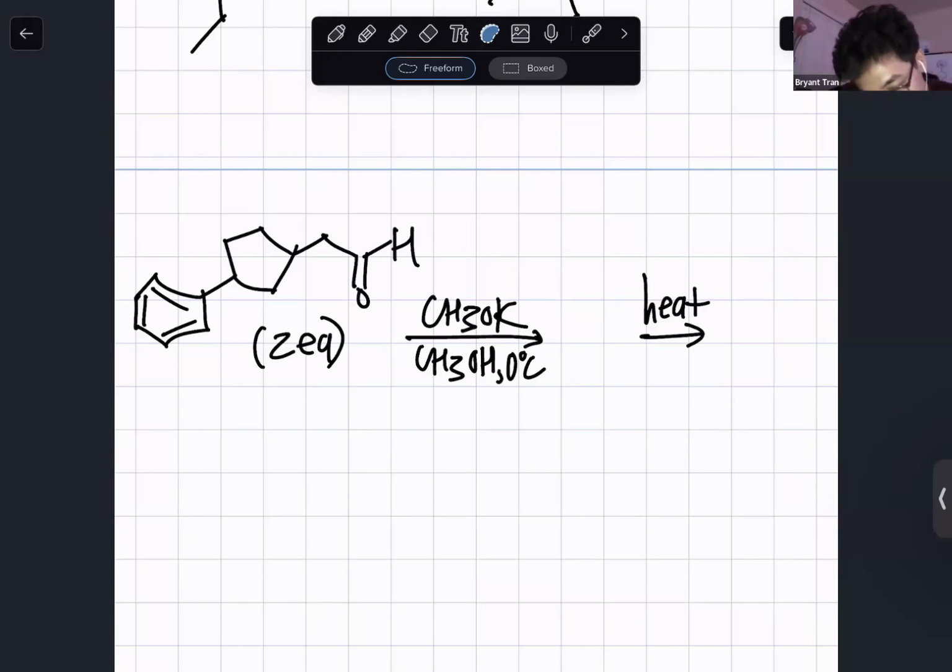So the dot here, Madison, is going to be the carbonyl carbon, not the alpha carbon. The alpha carbon is the star. The dot is the carbonyl carbon. That's the electrophile.